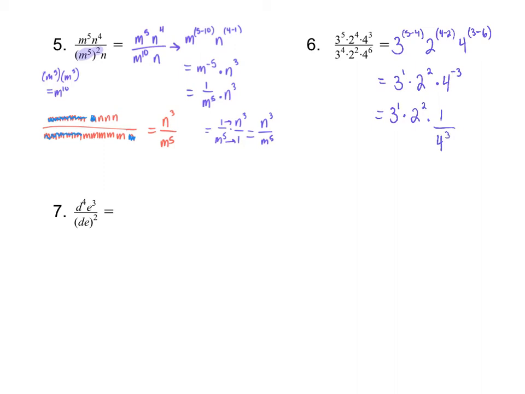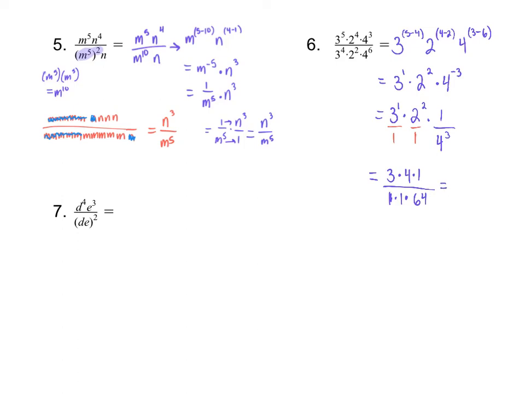All right, what I'm also going to do is write 3 to the 1st over 1 and 2 squared over 1, just to make it easier to see what happens when we multiply our fractions. So multiplying, actually let's take care of our exponents first. 3 to the 1st is 3, 2 squared is 4, and 1 is 1. On bottom we have 1 times 1, and then 4 cubed is 64.